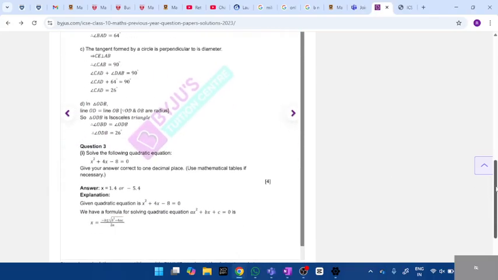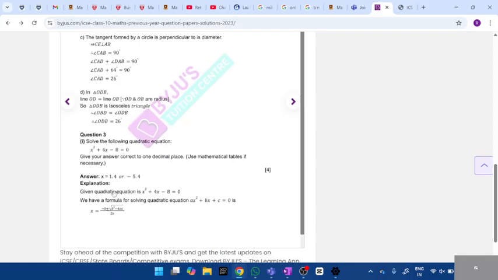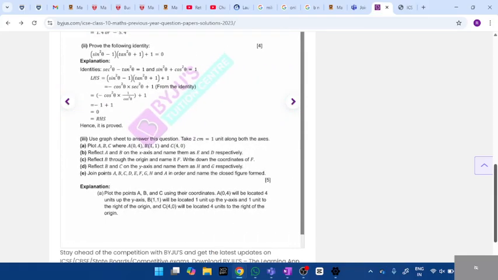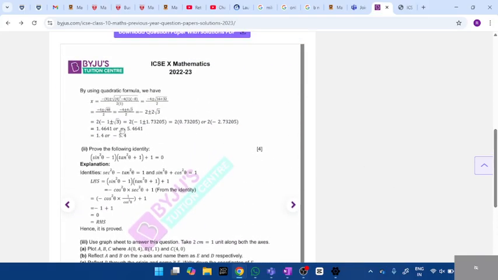Okay, look here, students. They'll give you this question. This is how you have to answer. Quadratic equation, right? ax square plus bx plus c is equal to 0. Then the formula, that is what I explained. Then write it. They didn't use division method.